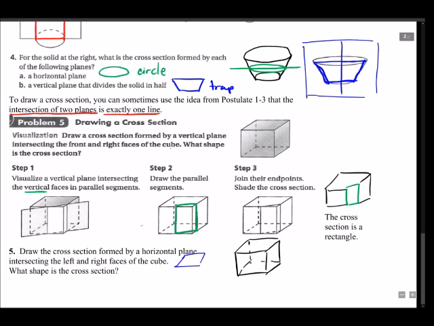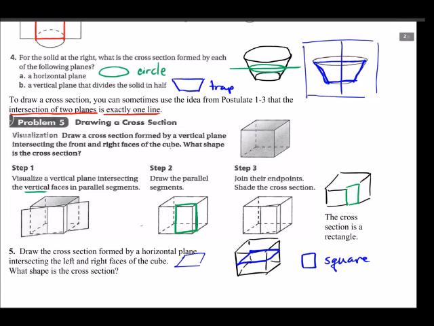I'm going to draw a horizontal line in front and a horizontal line in back, and then I'm just going to connect them. So you can see that our horizontal plane cut through it that way, and this makes perfect sense. It's just going to be a square that we cut off.